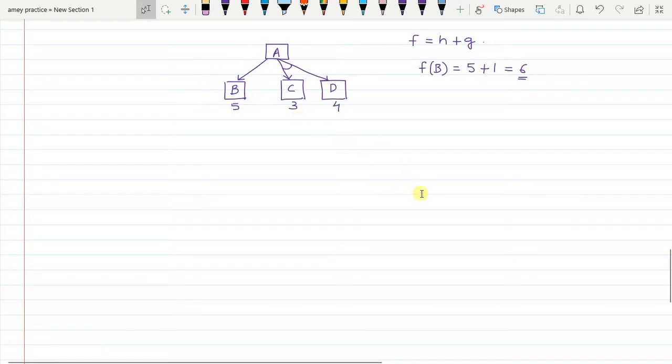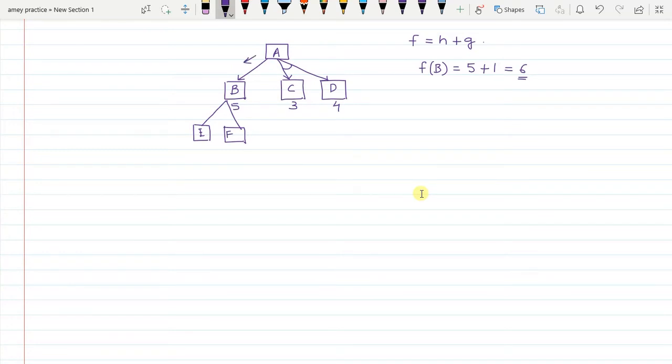Just as an example, suppose for this B there were another two nodes, say E and F, and assume that this path was being followed.